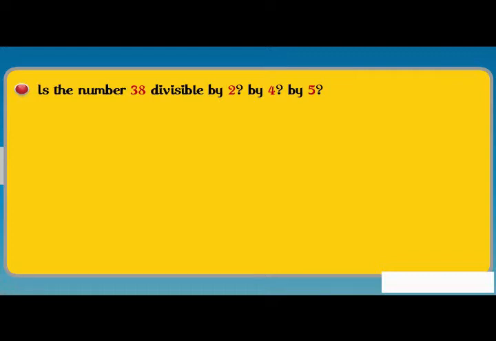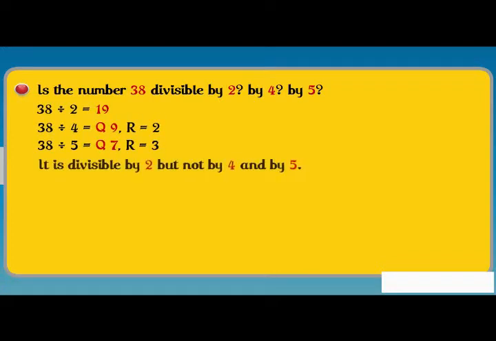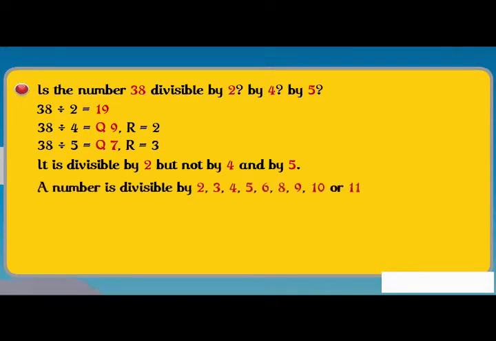Actually, dividing 38 by these numbers, we will find that it is divisible by 2 but not by 4 and by 5. Let us find the rules that can tell us whether a number is divisible by 2, 3, 4, 5, 6, 8, 9, 10 or 11.